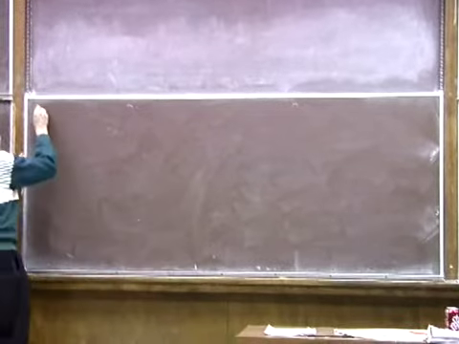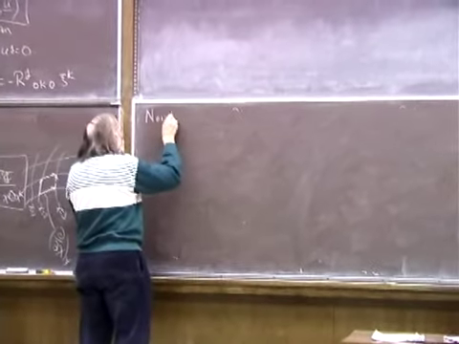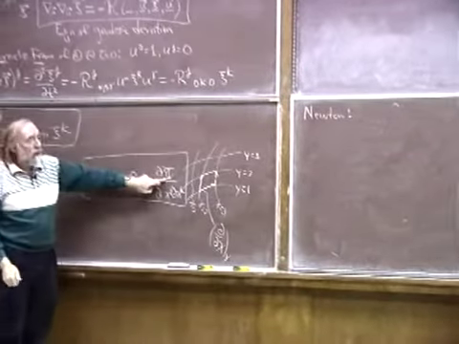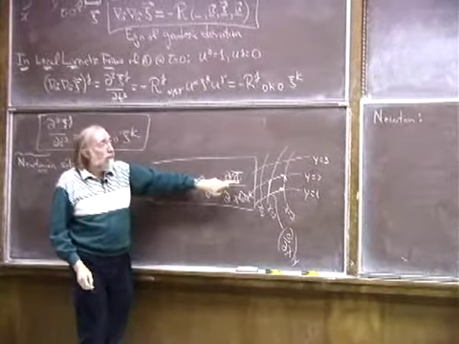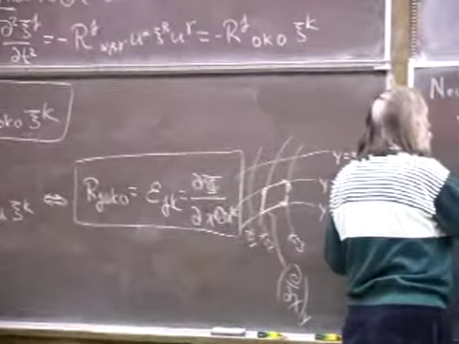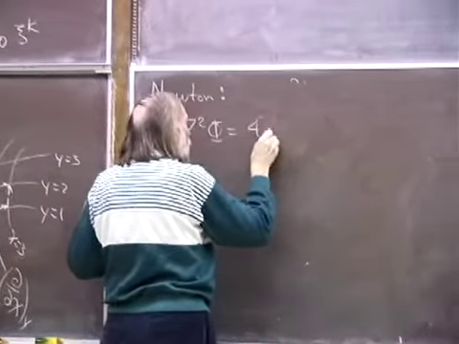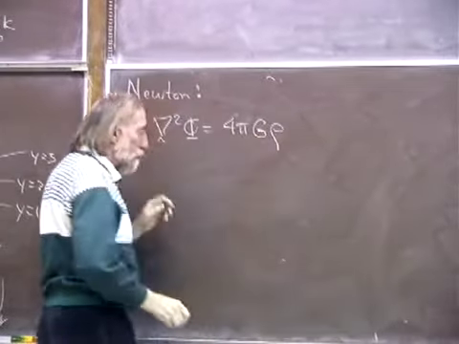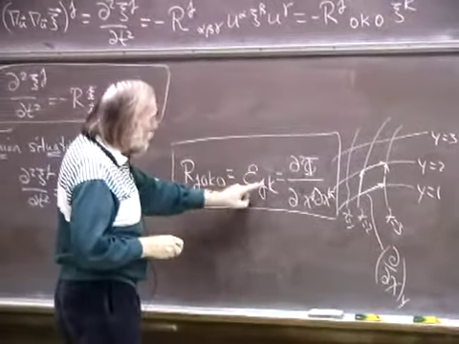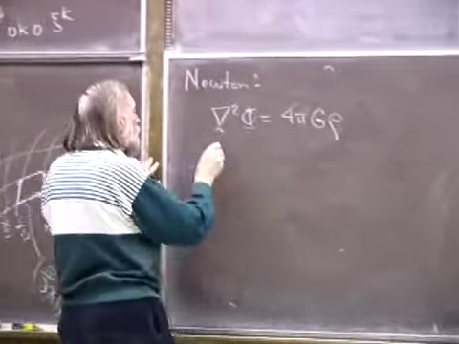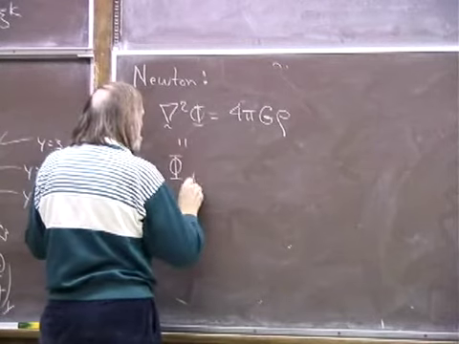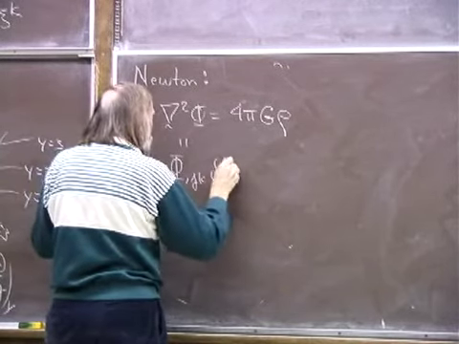In Newtonian theory, the thing that determines the Newtonian gravitational field is a field equation that says that the Laplacian of phi is equal to 4 pi G rho, where rho is the mass density. Let's notice that the Laplacian of phi is the same thing as phi comma jk delta jk.